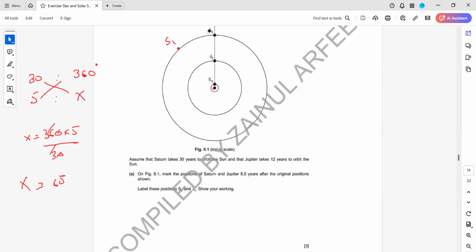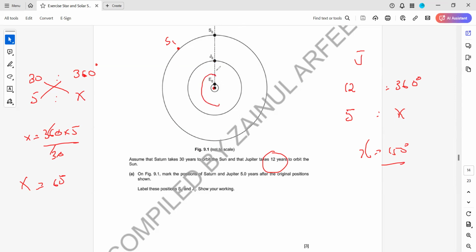For the Jupiter, they mentioned the Jupiter takes 12 years to completely orbit. So 12 years makes 360 degrees. We want the position in 5 years. So in 5 years, what will be the angle X? When you cross multiply, you will get 150. So 150, again, you place a protractor here.